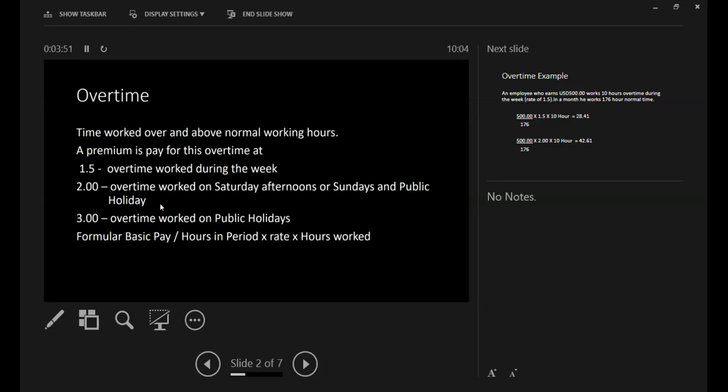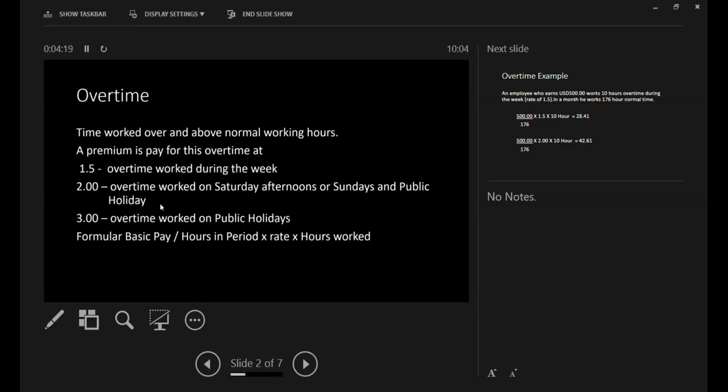Now, the formula for calculating overtime is your basic pay divided by hours in a period. This period can be a pay cycle, which can be a weekly cycle, a fortnightly cycle, or a monthly cycle. So we are saying the hours that are in that pay cycle, multiplied by the rate, which is either 1.5, 2, or 3.